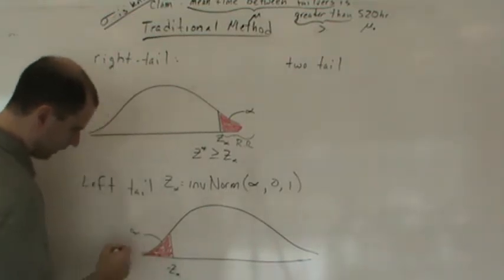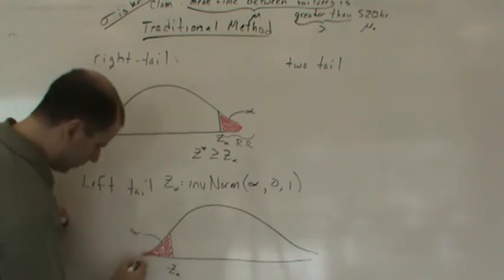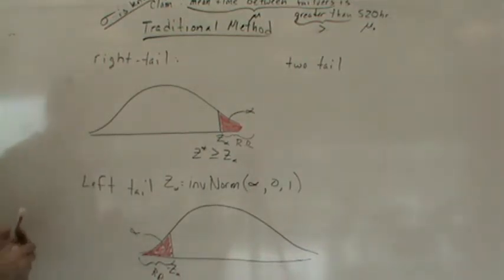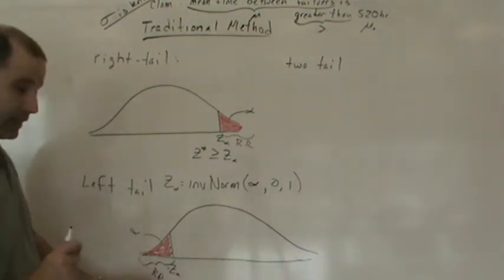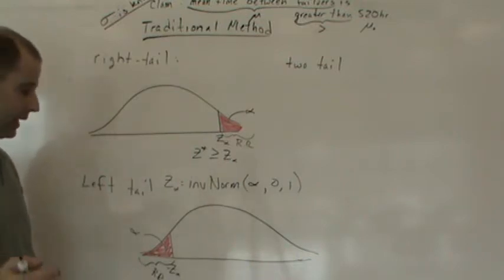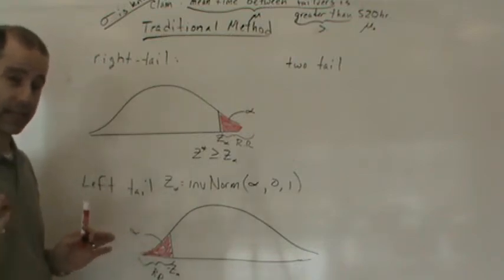So it's going to be the left tail. In this case, this is the rejection region that we want to focus on. So when are we going to reject? Again, the main guiding rule is that we always reject the null if the test statistic falls within the rejection region.